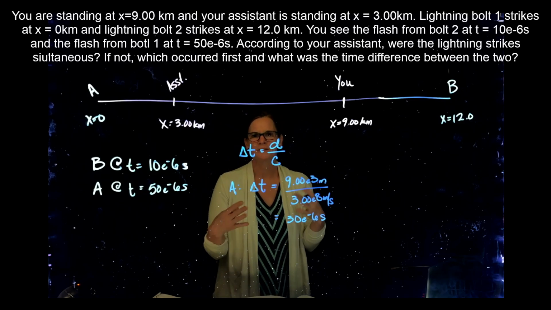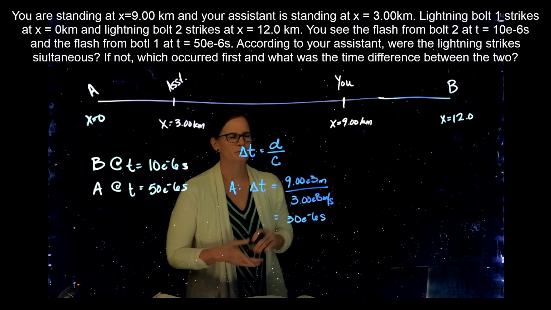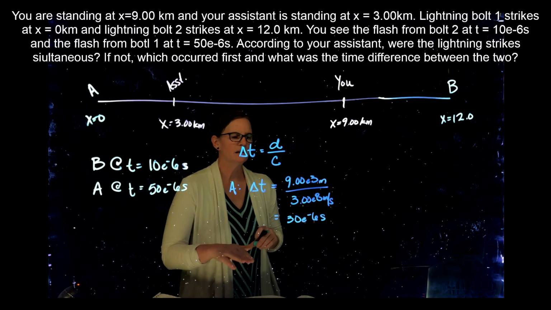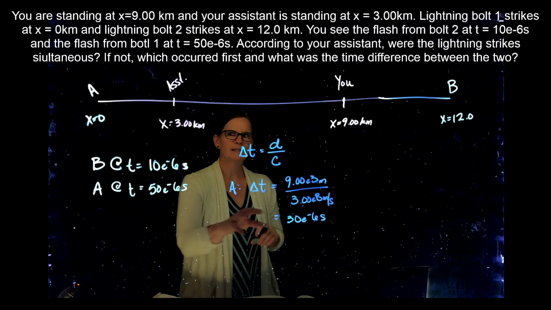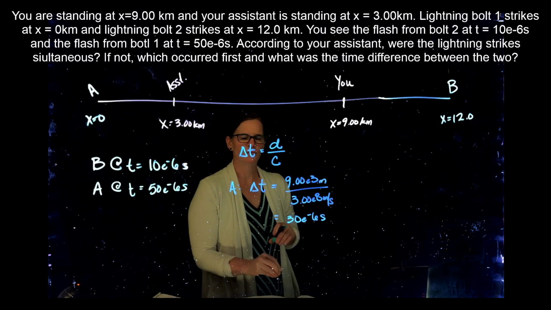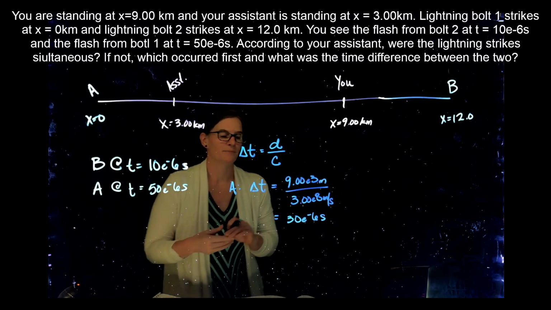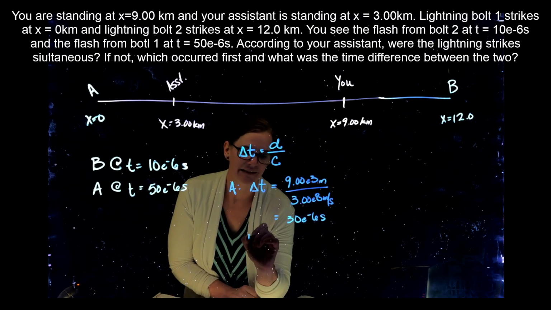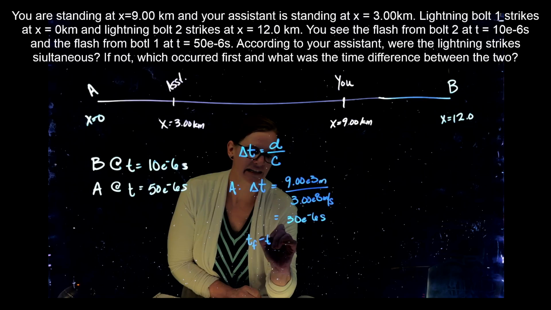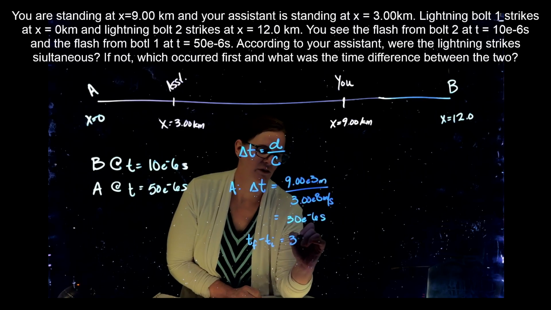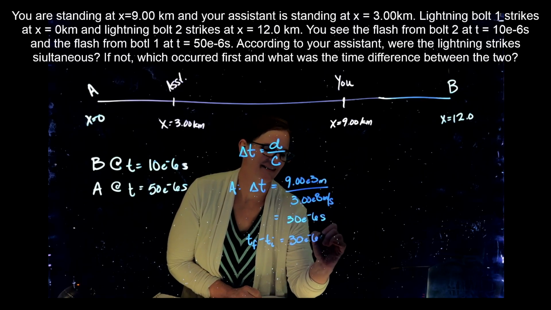I'm just going to use the standard units that we use for these blocks of time. So it takes 30 microseconds to get to you. Now that's the change in time, so that's T final minus T initial equals 30 times 10 to the minus 6 seconds.